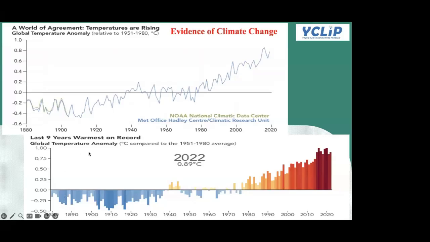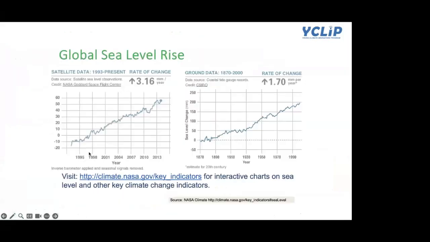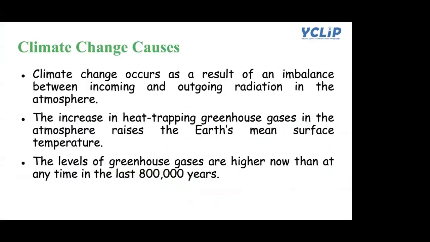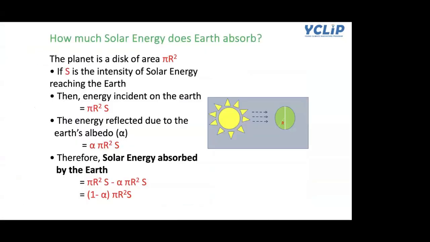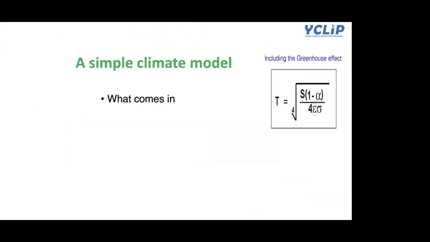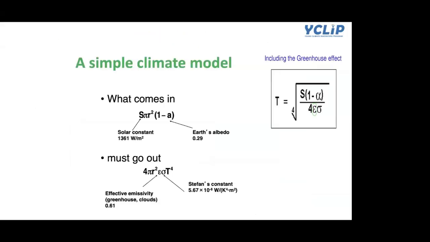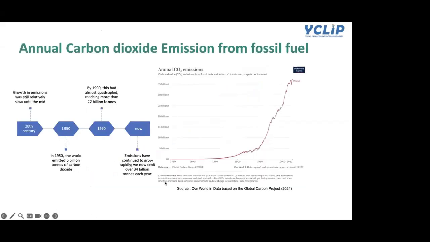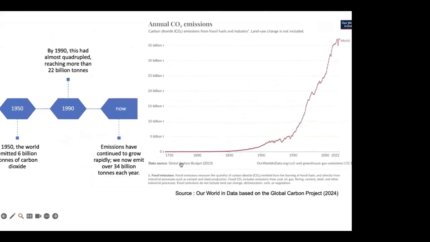These are anomalies. Let's see, where is carbon dioxide? Okay, here. This is 1750, 1800, so this is 0 tons, 1850.